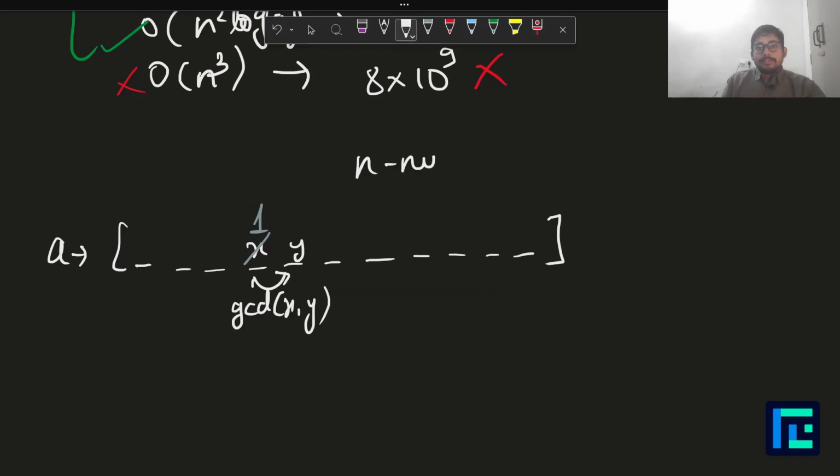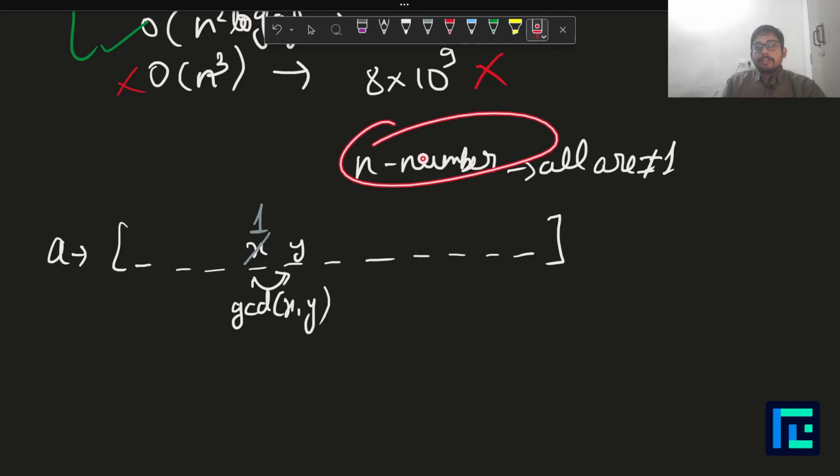So if you have n numbers, all not equal to 1, then in order to make all the numbers 1, you would have to do at least one operation for each number. In one operation you can replace any one number only. You can only make a change to the array at any one index.